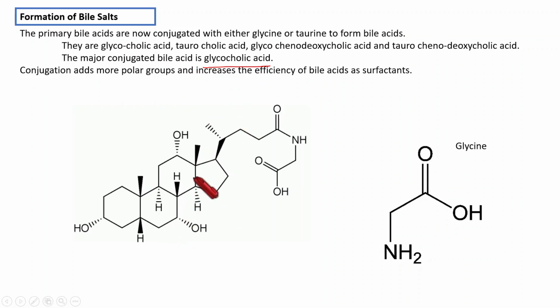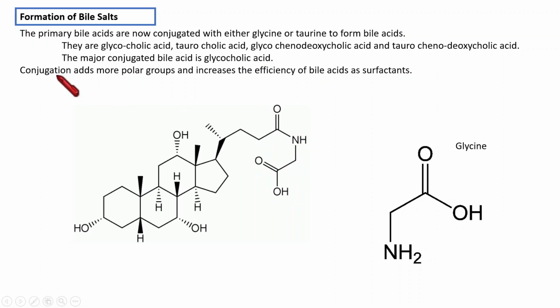Its picture is shown here, and in this picture we can see cholic acid conjugated with glycine. In that way it becomes conjugated. Then what is the purpose of this conjugation reaction?